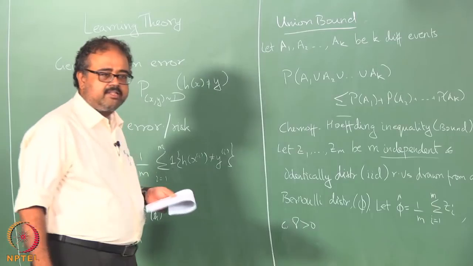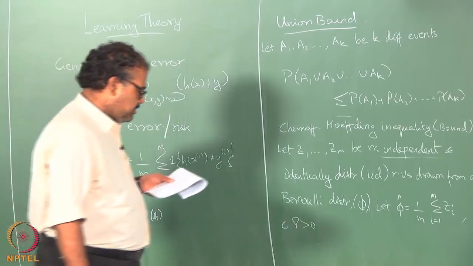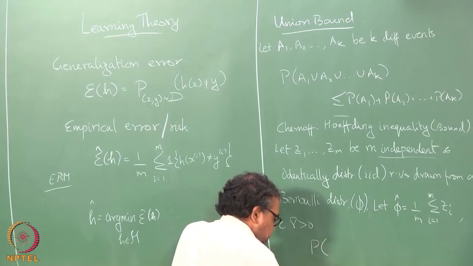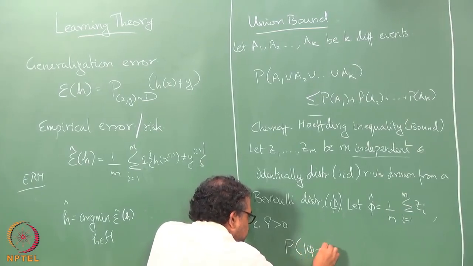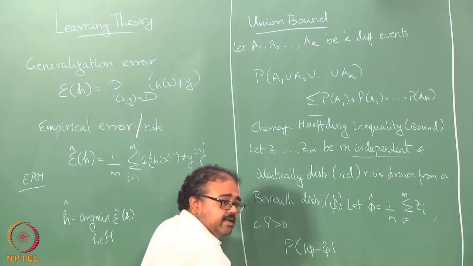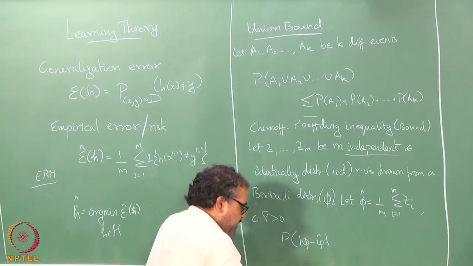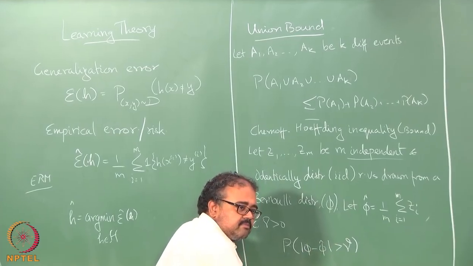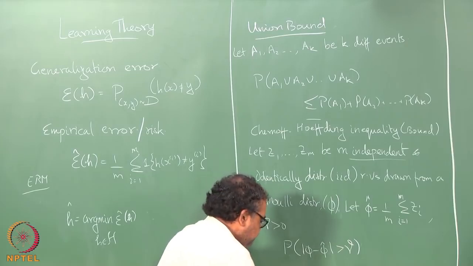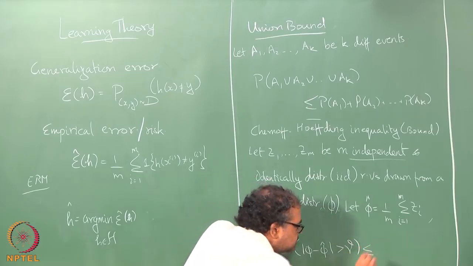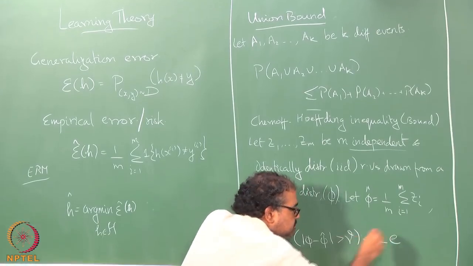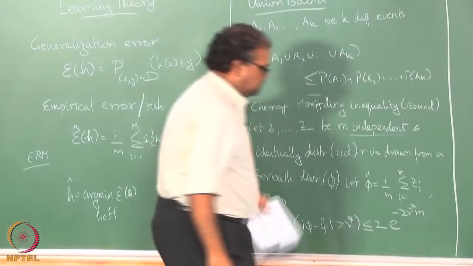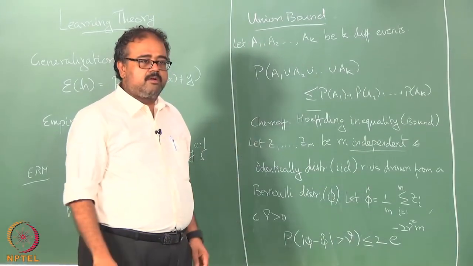And let gamma be greater than 0, some fixed constant. Then the probability that phi hat is away from phi by greater than gamma is at most 2 times e power minus 2 gamma squared m.